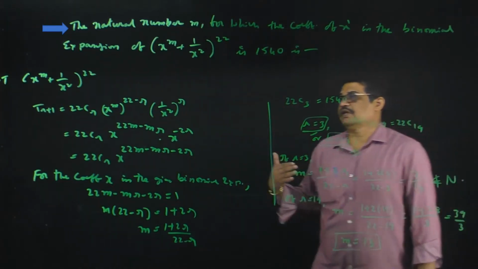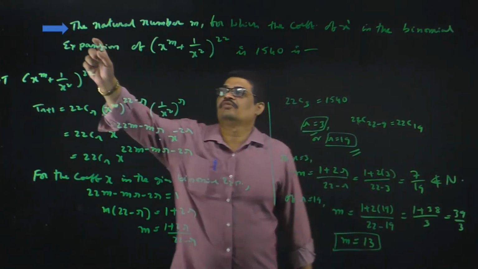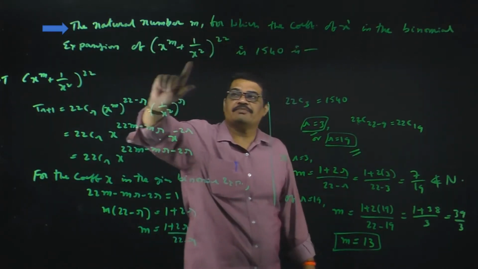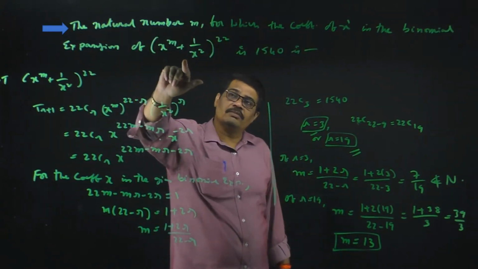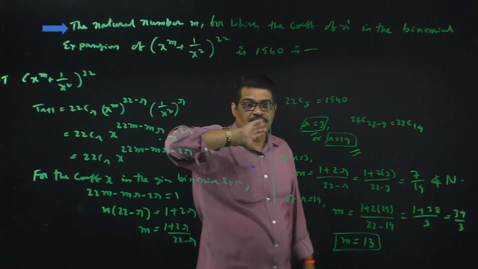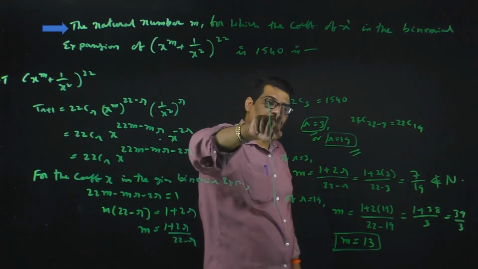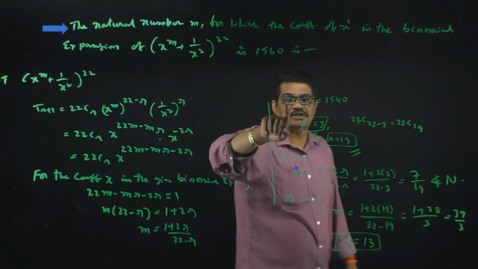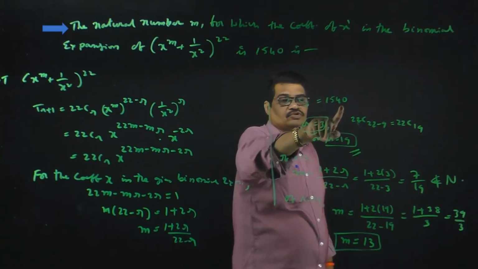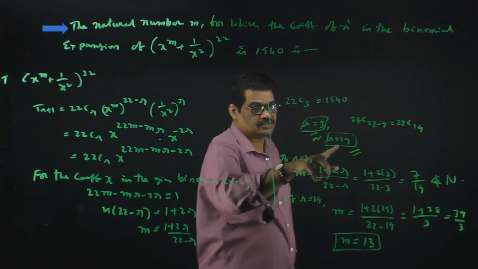Once again, given the natural number m for which the coefficient of x in the binomial expansion of (x^m + 1/x^2)^22 is 1540, the binomial coefficient 22C3 is the value 1540, therefore r is 3 or r is 19.